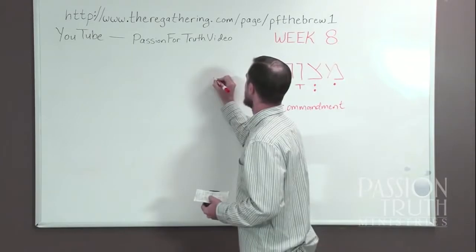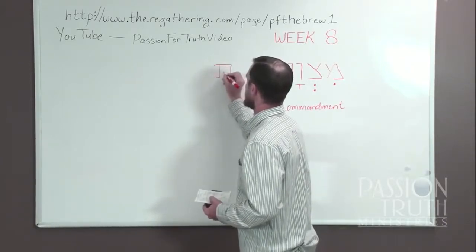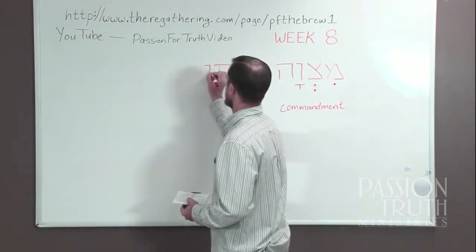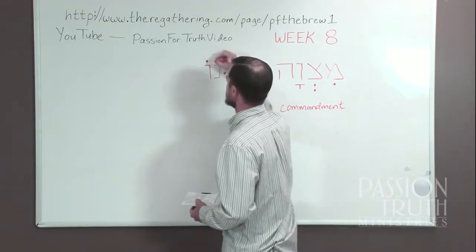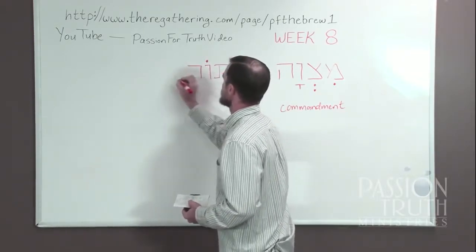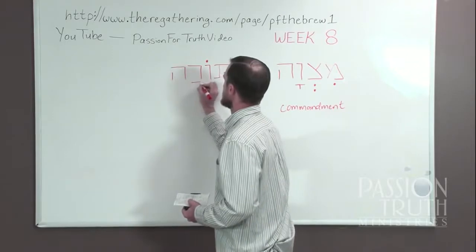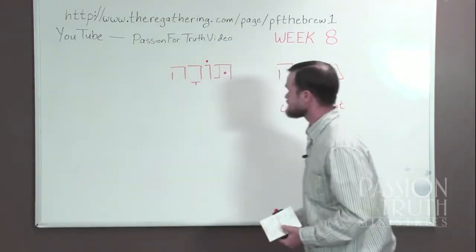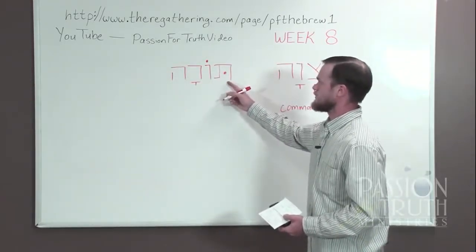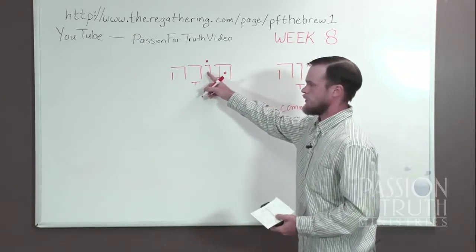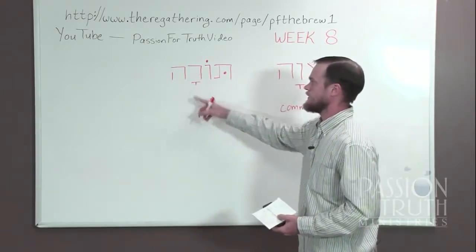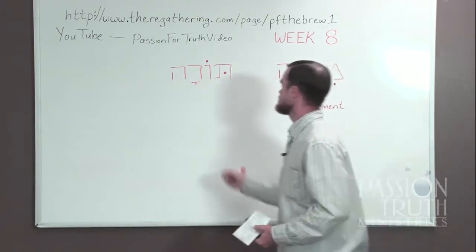All right, then a tav, followed by a vav with a cholam, followed by a resh with a kamatz and a hey at the end. So we've got a T sound, O, ra, and ah. So Torah, Torah.